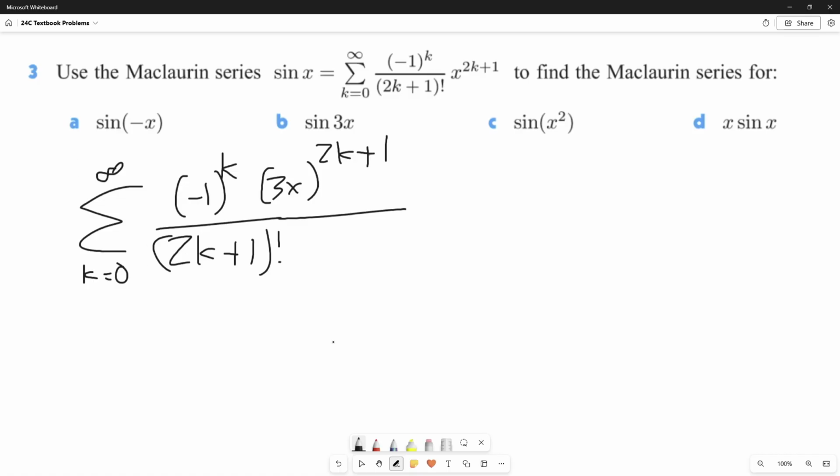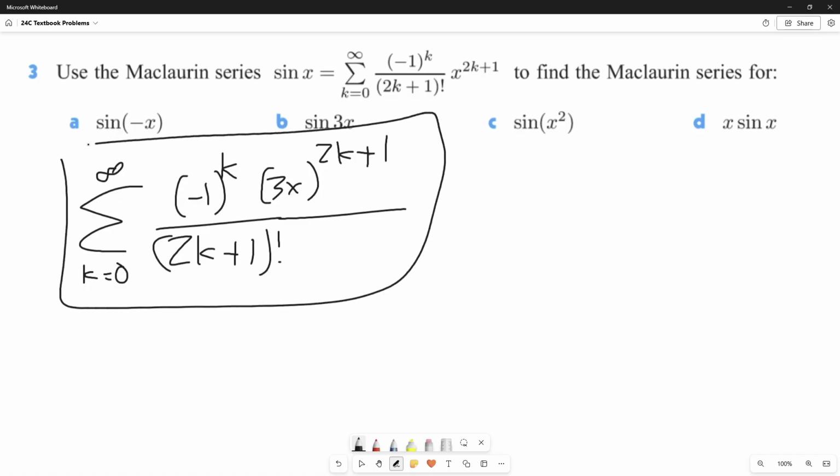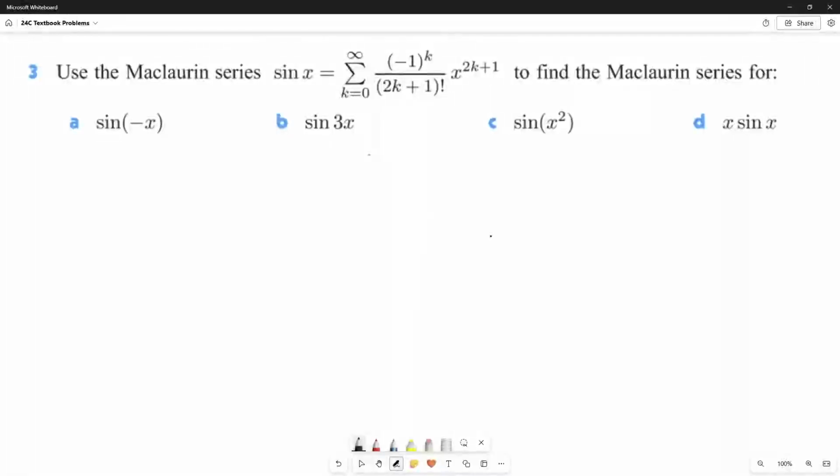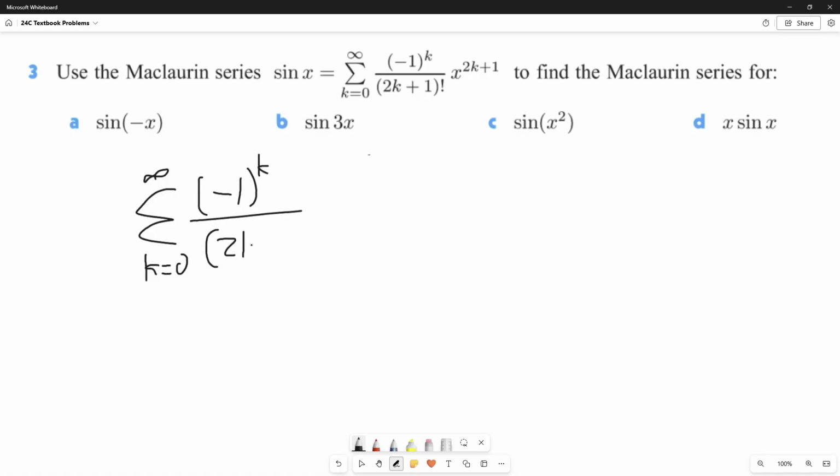And this can't really be simplified, so that's the answer for part B. For part C, you substitute x squared for x, so it's going to be from k equals 0 to infinity, negative 1 to the k over 2k plus 1 factorial. And then instead of x, it's going to be x squared, so x squared to the 2k plus 1. And you can just change that to 4k plus 2.